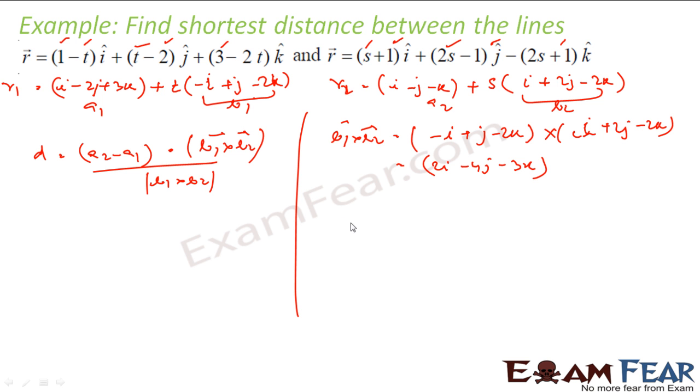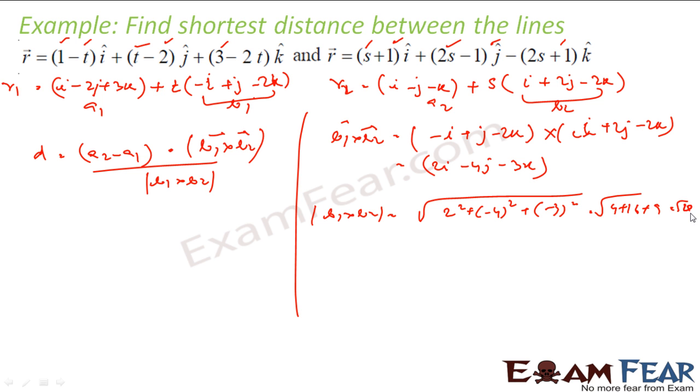I'm not solving this for you, you can solve this on your own. And the magnitude of B1 cross B2 will be the root of 2 square plus minus 4 square plus minus 3 square. Correct? That is root of 4 plus 16 plus 9, that is root of 29. So I got the magnitude of B1 cross B2 also.